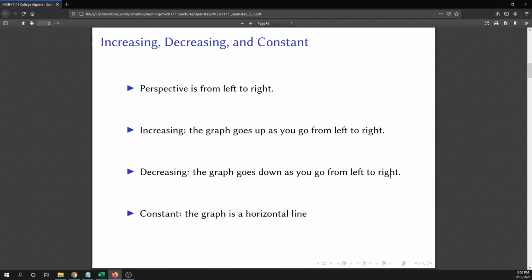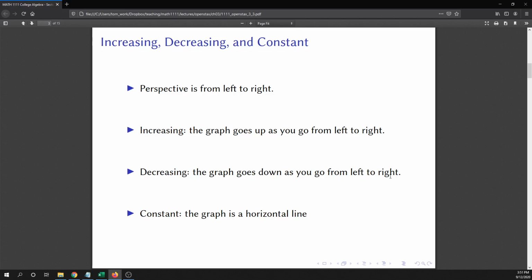So some things to always keep in mind, right, are first off the perspective. When you're looking at a graph, trying to tell whether or not the graph is increasing or decreasing over a certain interval, you would always go from left to right. That's the direction of increasing x. Okay, so don't go the other direction because you'll get all the answers exactly backwards.